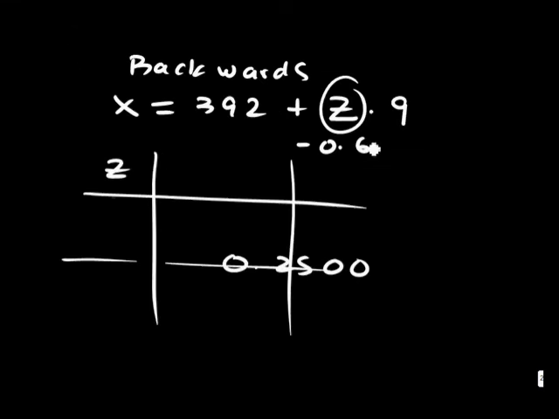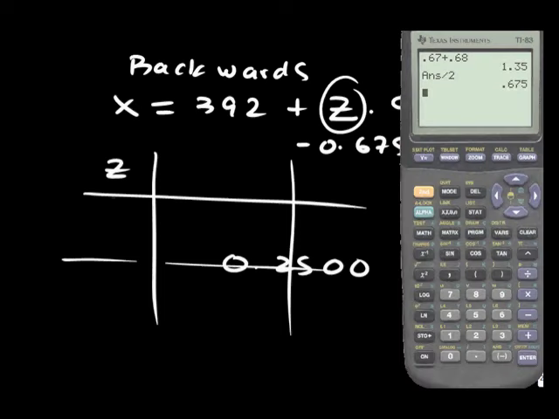So if we plug this in our calculator, 392 minus 0.675 times 9, we get 385.925.